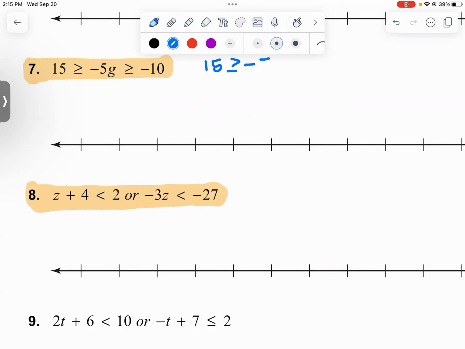If you want to split this up into the two inequalities and the middle, that is fine. Reese, what would we need to do in order to get G by itself?